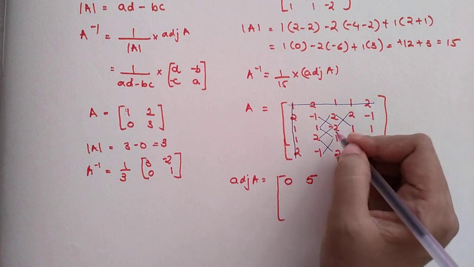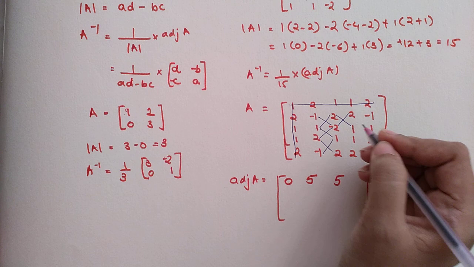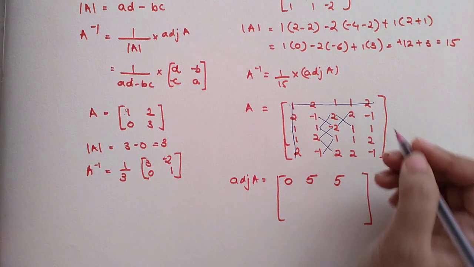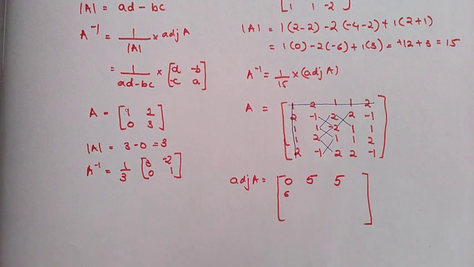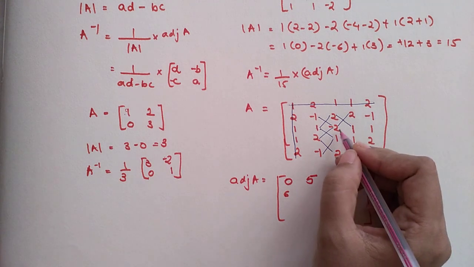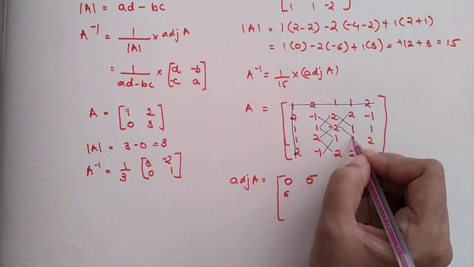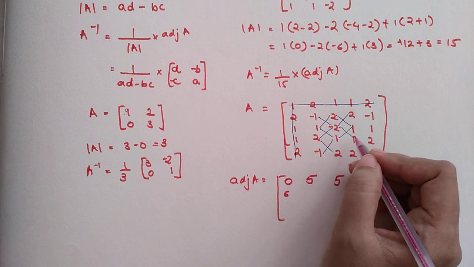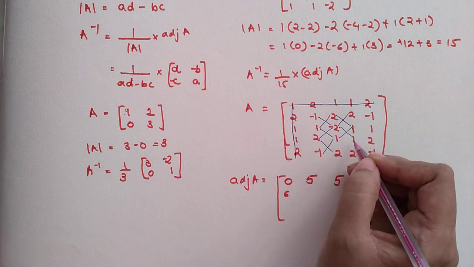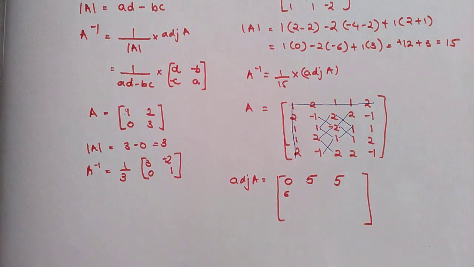Minus of minus 4 is plus 4. So 2 plus 4 is nothing but 6. Now again, minus 2 into 1 is minus 2, and minus of 1, so minus 2 minus 1 gets you minus 3.